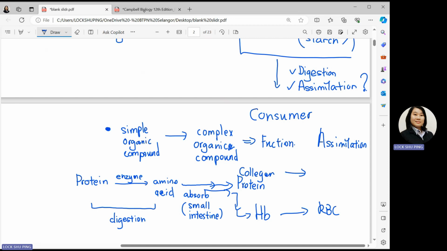Collagen is used on the surface of the skin. So different proteins carry out different functions. The process of rearranging the amino acids through protein synthesis to form protein is part of the assimilation.